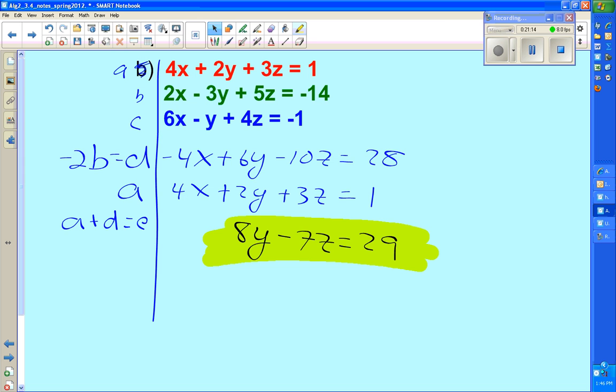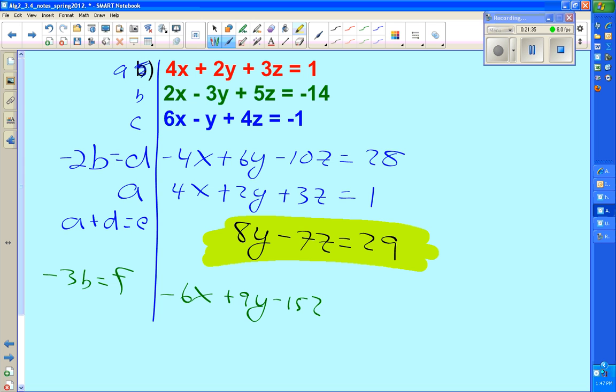So what do I multiply equation B by this time? Negative 3 times B, and you're going to get negative 6x, positive 9y, negative 15z, and a positive 42 on the right.